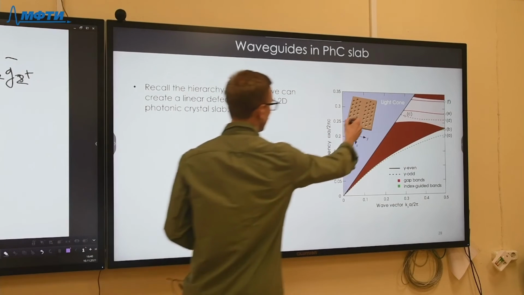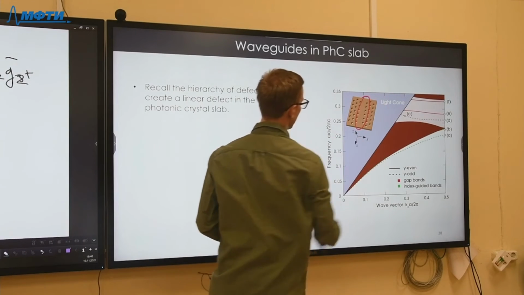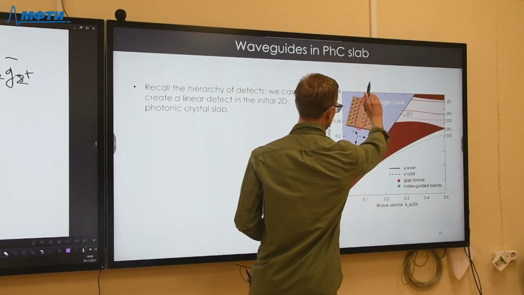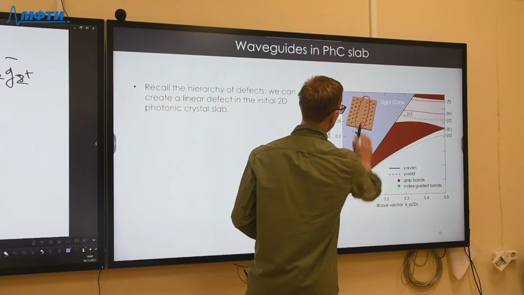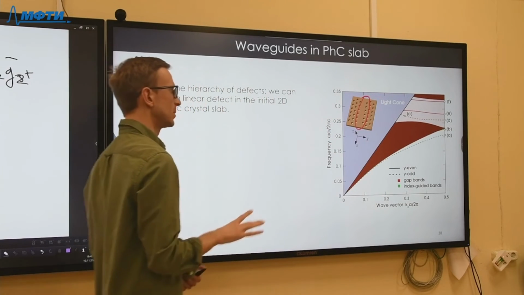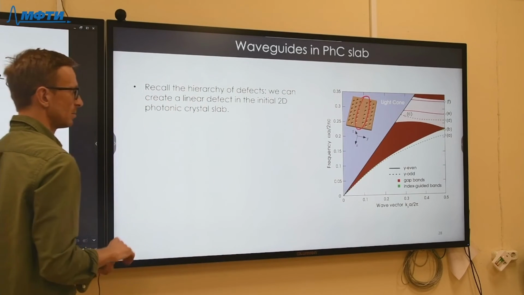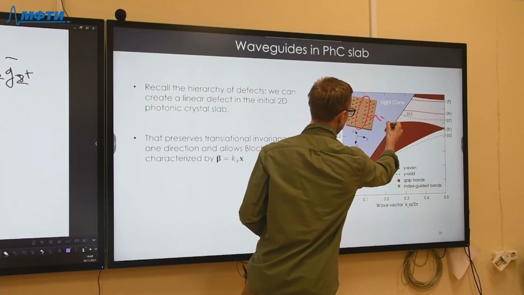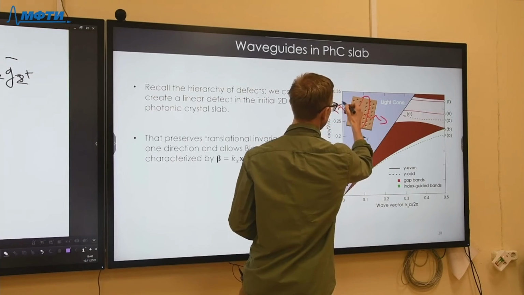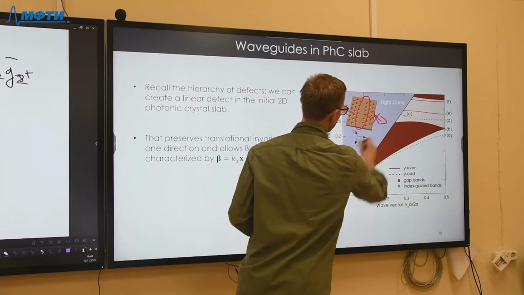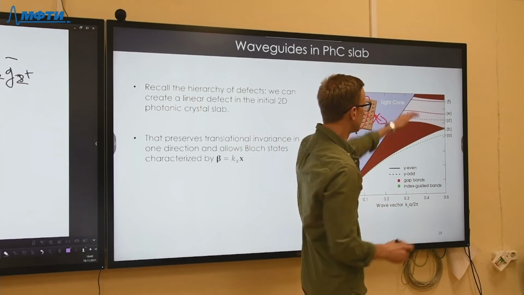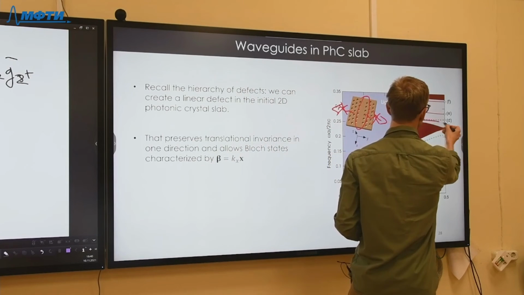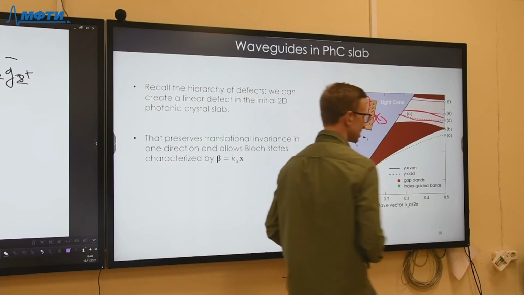So we remove this row, and now the light can travel along this channel, and this time it will be completely protected from radiation, because the photonic crystal on this side and on this side protects us from radiation here, but also this mode is below the light line, and it's an ideal Bloch state.